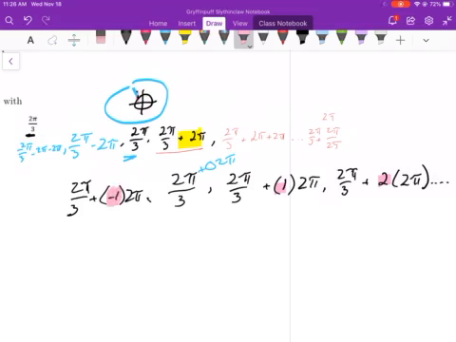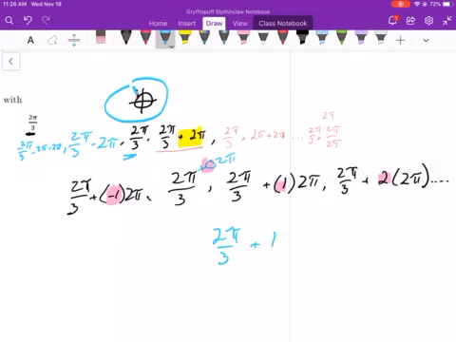So again, we can make a nice little formula out of this, right? I can say all angles that are coterminal with 2 pi over 3 are 2 pi over 3 plus k times 2 pi, where k is the numbers that I've highlighted in pink.